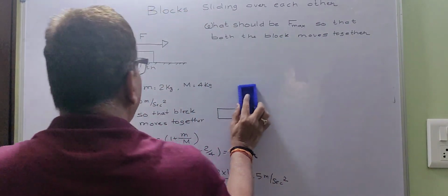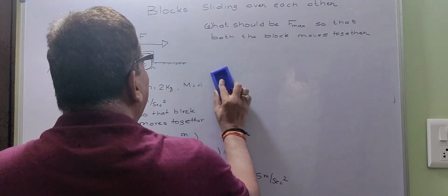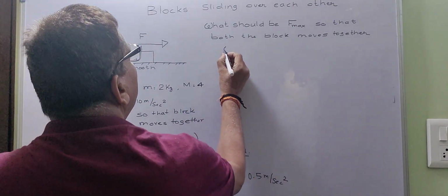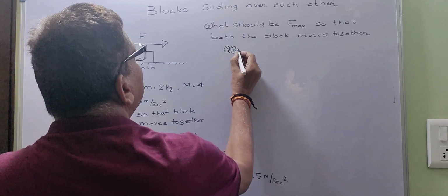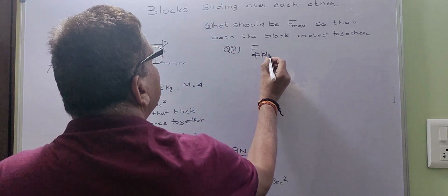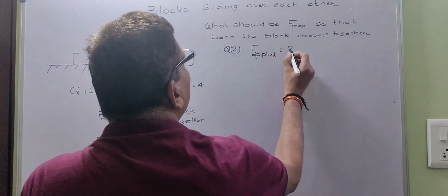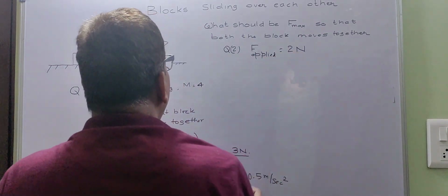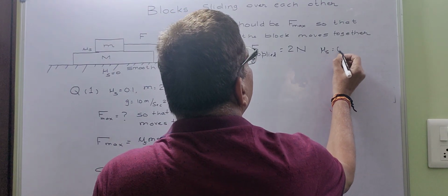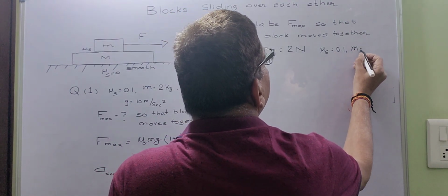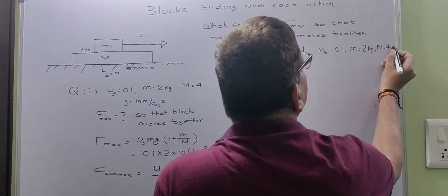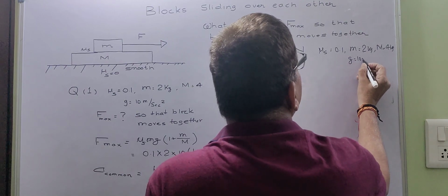Now, let us take, suppose in question 2, if I say the force applied is 2 Newton, and once again μs is 0.1, m is 2 kg, capital M is 4 kg, g is 10 meter per second square.